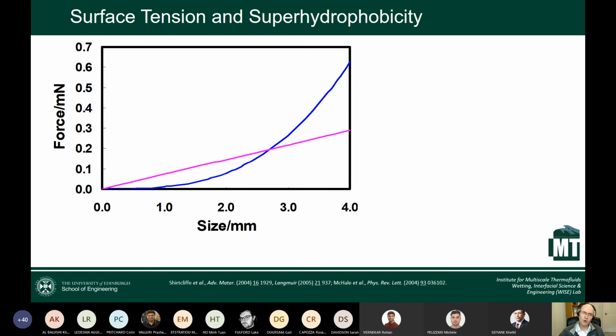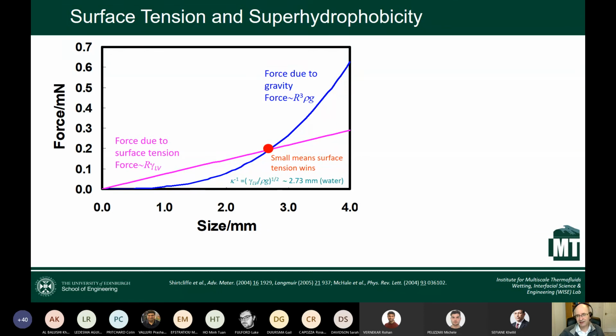And so as you go very small, the thing that matters most is the surface tension, not the gravity. And so when you look at the scaling laws, you have a crossover. And small here means 2.73 millimeters. And so what it means is anything that's around 0.273 millimeters or smaller is dominated by surface tension. And that's why something like the ant gets trapped at the interface of a water drop.